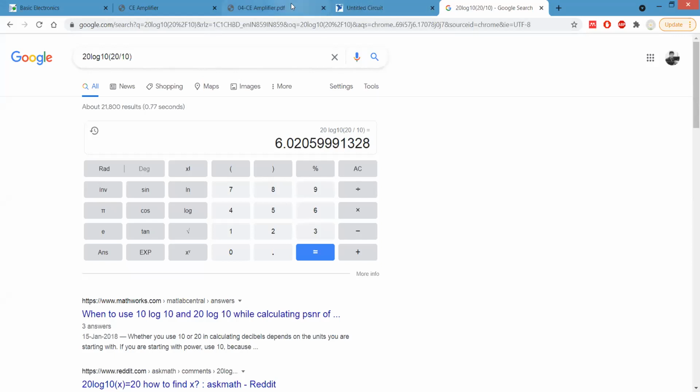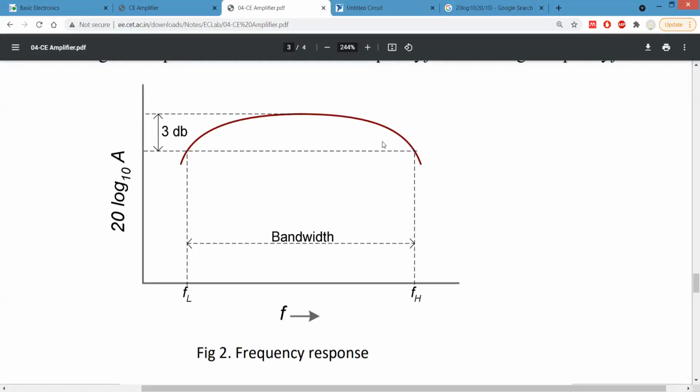So here you can see that the bandwidth is measured between the points 3 dB less than the maximum value. Why is it considered for bandwidth measurement? What is the protocol for that? Sometimes this is just a schematic; sometimes you will have a plot with a bell shape, a Gaussian shape.